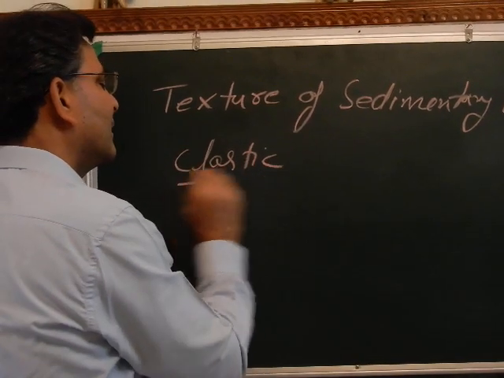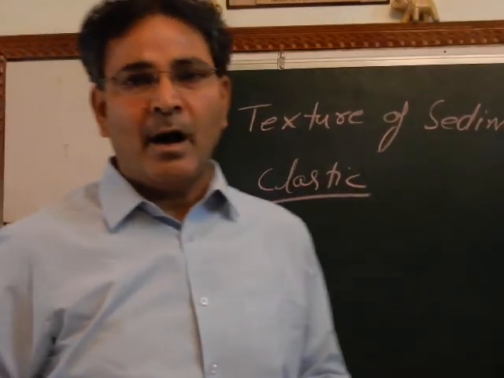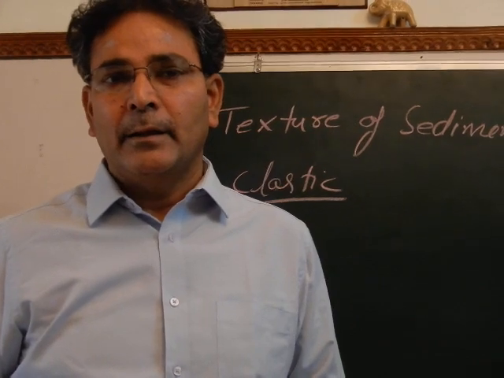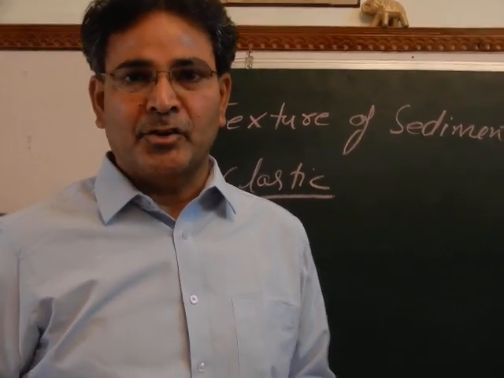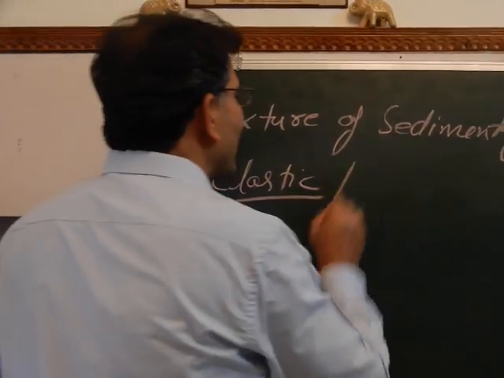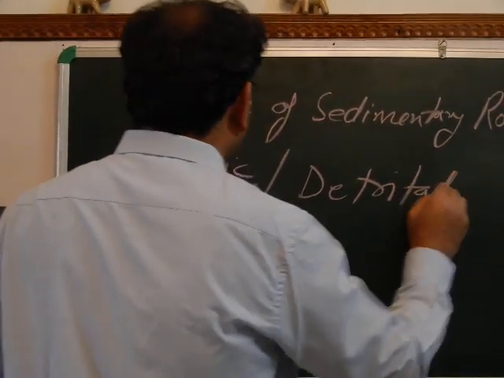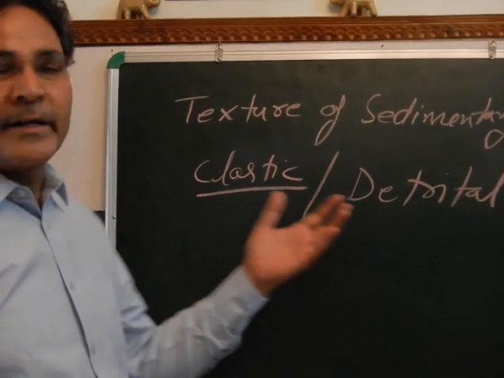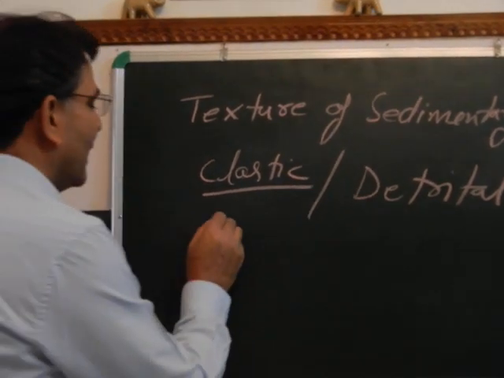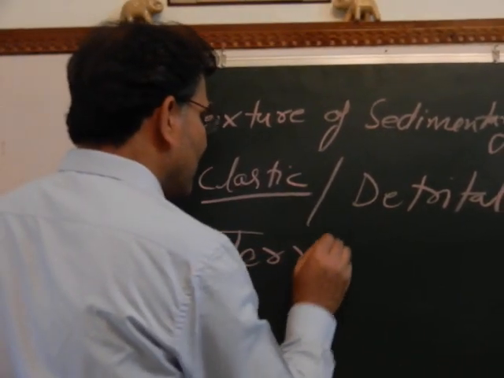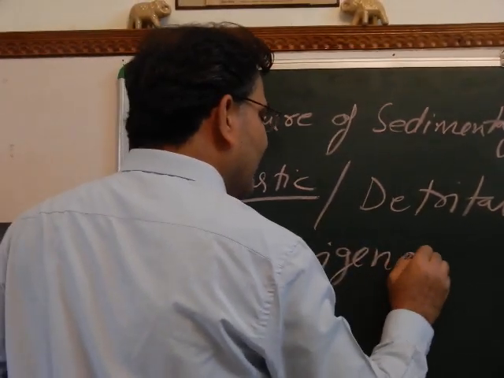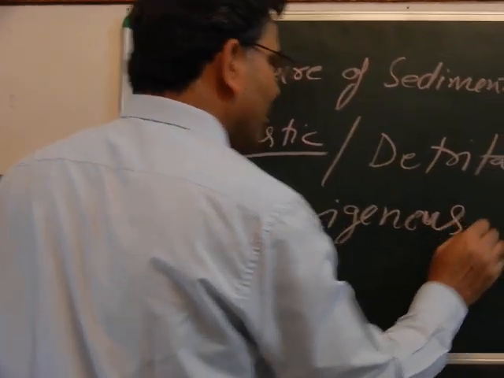We all know that clasts are nothing but the sediments derived from pre-existing rocks. They are also known as detrital, and clastic or detrital are also known as terrigenous.